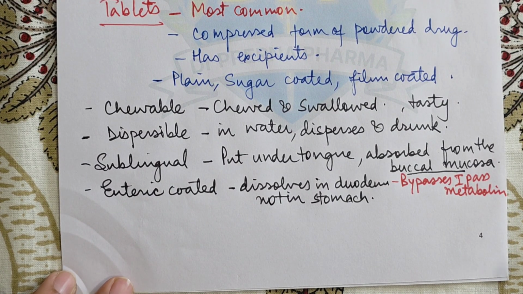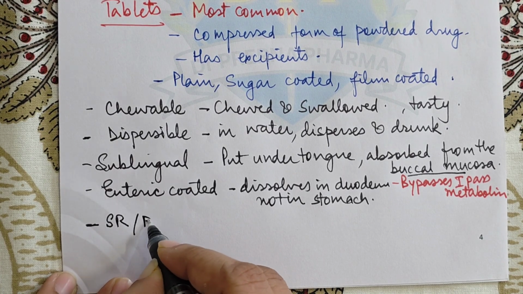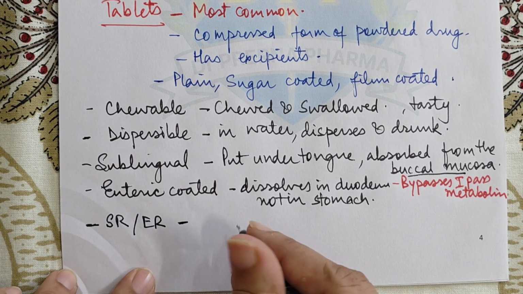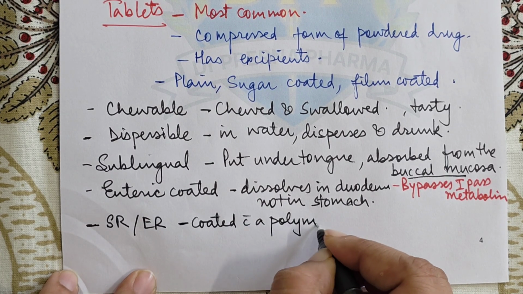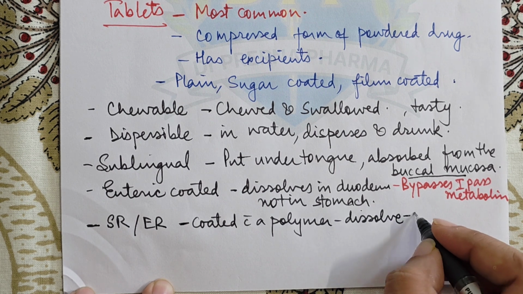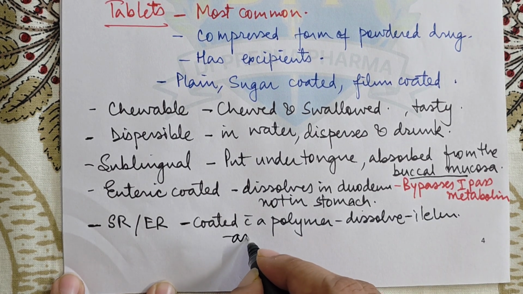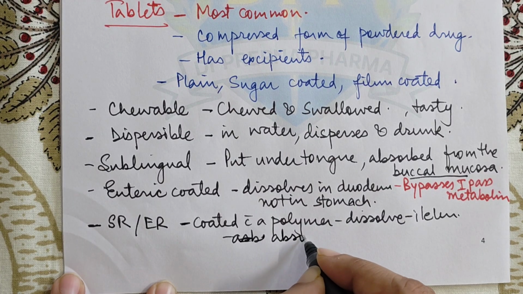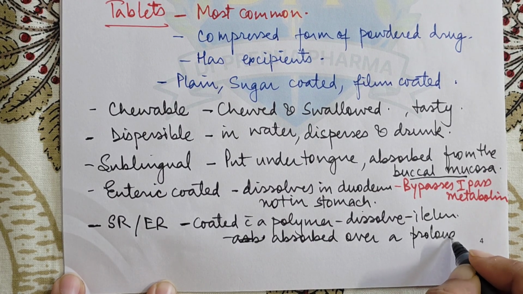Then the next tablet that we have is the sustained release or extended release tablet. Now these are coated with a polymer, so that it dissolves finally in the ileum, and gets absorbed over a prolonged period of time.